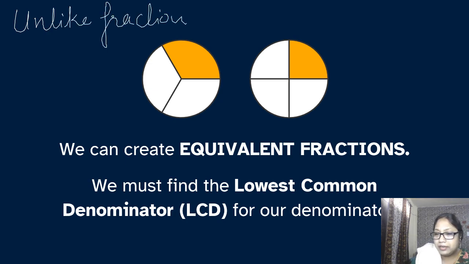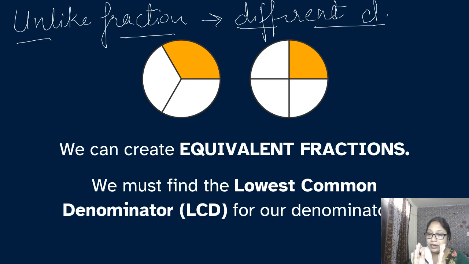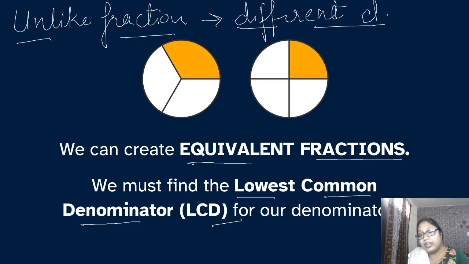Unlike fractions are those which have different denominators. जब unlike fractions को हम add करना start करते हैं तो first step होता है convert them into like fractions. We can create equivalent fractions. We have a method, the lowest common denominator method. So we will learn this now.